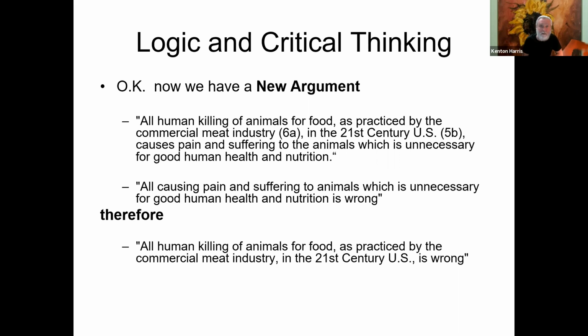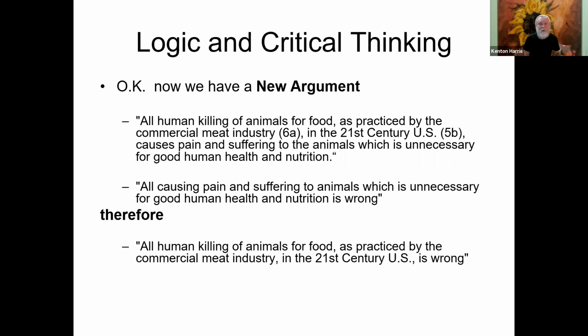That's taking care of objection 5B, causes pain and suffering to the animals, which is unnecessary for good health and human nutrition. Causing pain and suffering to animals, which is unnecessary for good health and human nutrition, is wrong. Therefore, all human killing of animals for food, as practiced by the commercial meat industry in the 21st century US, is wrong.